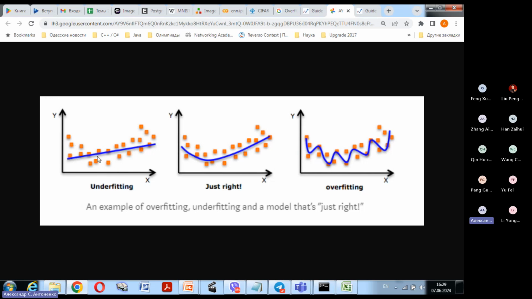We can approximate this dependency between these parameters as a line, but it's not a very good approximation.